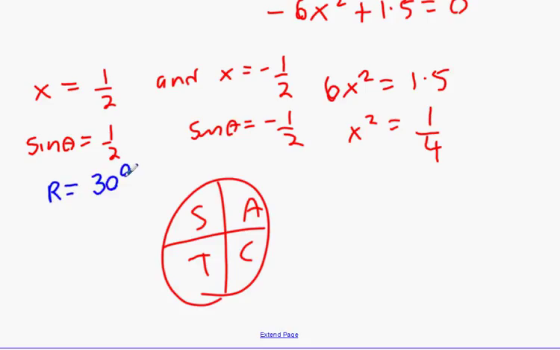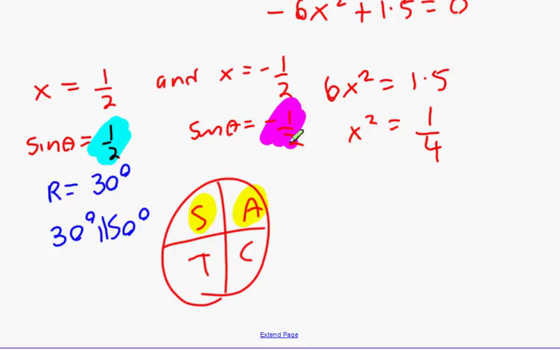If I'm doing the positive answer, I'd be in here and here. And what two answers are they? 30 and 150. And when I'm doing the negative answer, where will I be? 210 and 330. Good job.